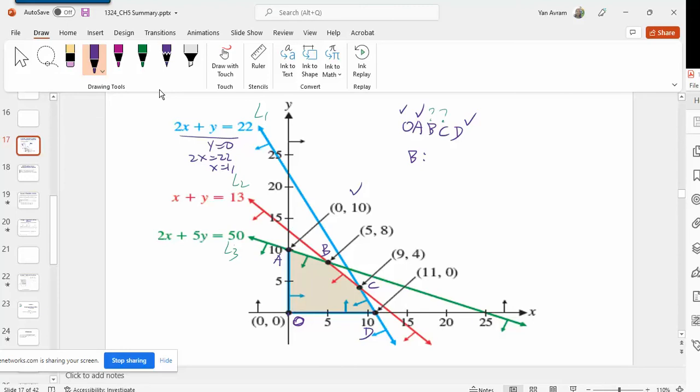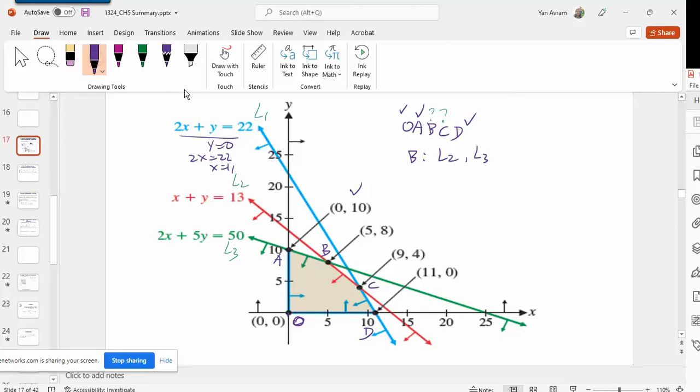So B is the L2, L3 intersection point. This is the intercept for L2 and L3.